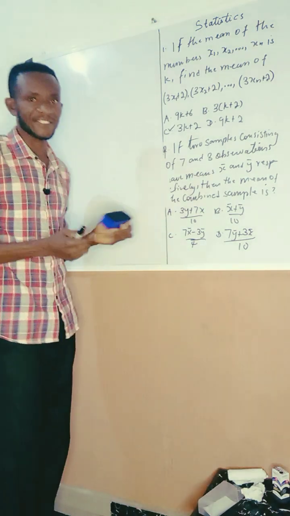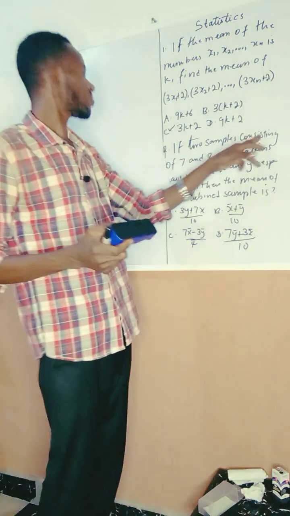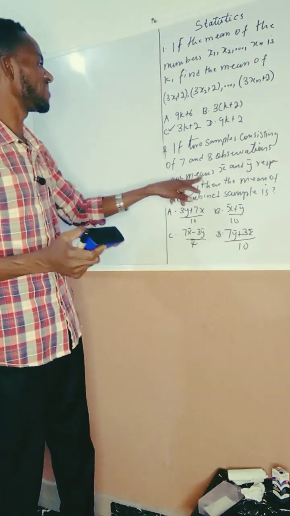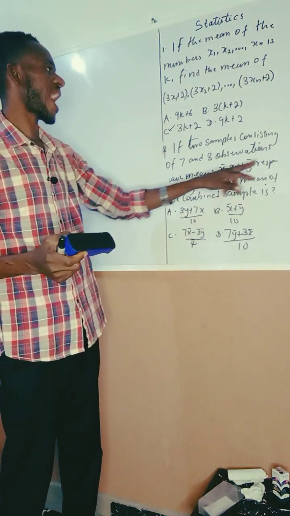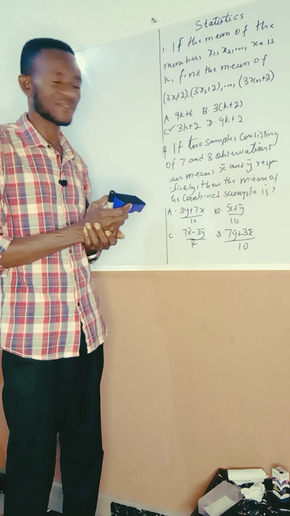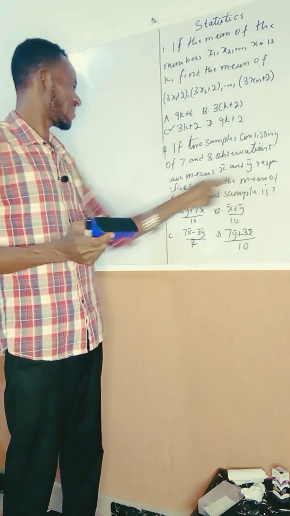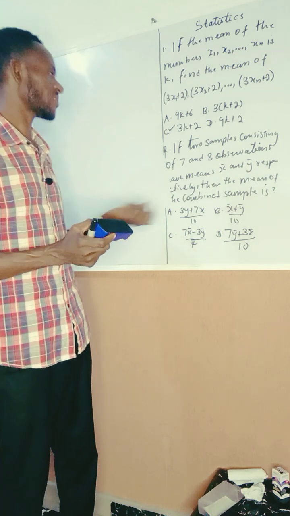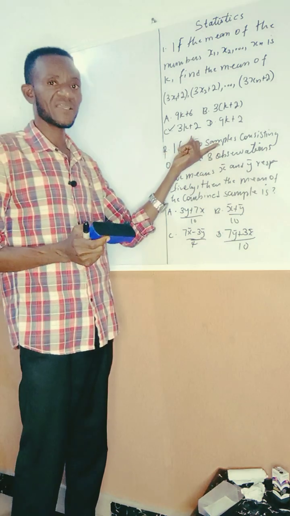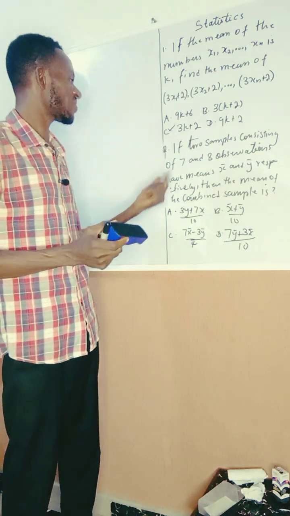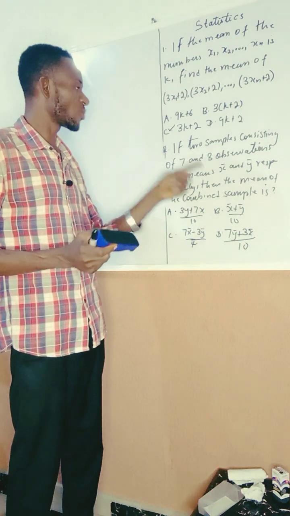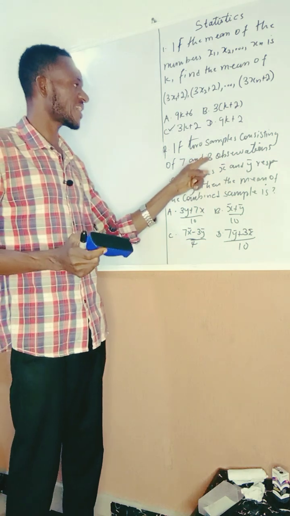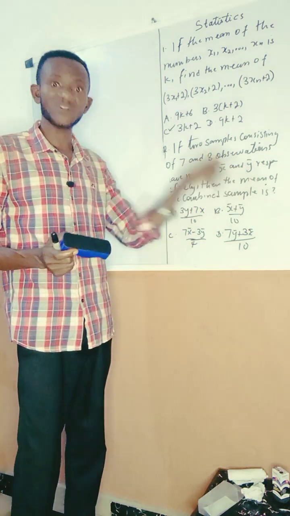Question number 2 says, if two samples consisting of 7 and 3 observations have means x bar and y bar respectively, then the mean of the combined sample is. So first of all, we are going to look for the mean of observations that are 7 in number and equate it to x bar, and look for the mean of observations that are 3 in number and equate it to y bar, because that's what they're saying.